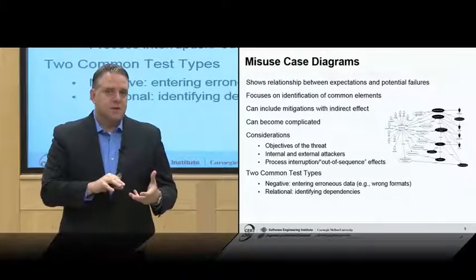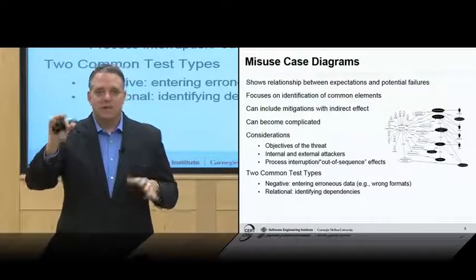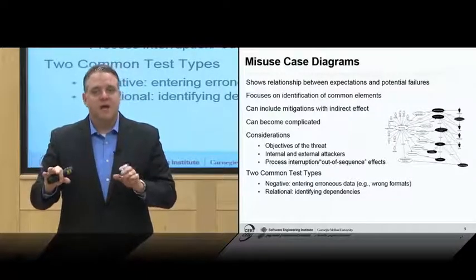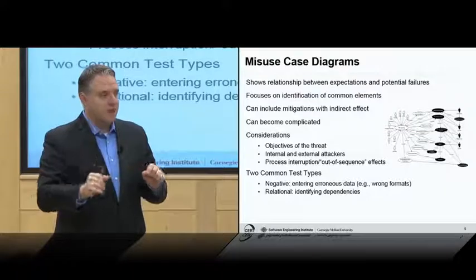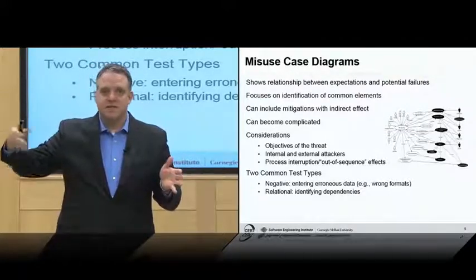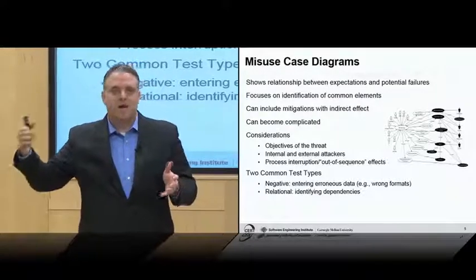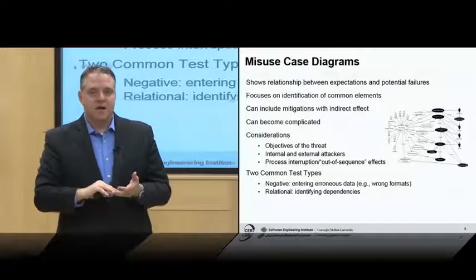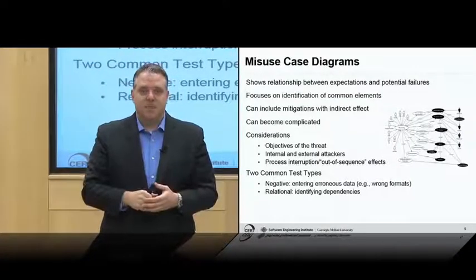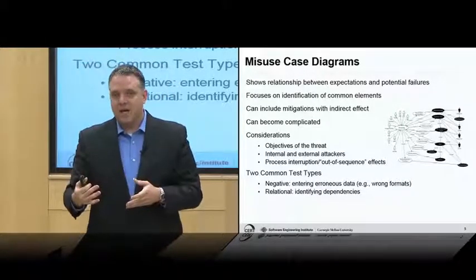Relational testing is a little bit more in-depth because you're looking at the relationships between different functions within the program, the different dependencies that the program has, and you're trying to see if I alter something over here, does that propagate into an effect downstream in the program or some sort of effect over here. But either way, all you're doing with this is trying to find out the realm of the possible of bad stuff that can happen to your application and use that to derive development efforts and security mitigation efforts around it.